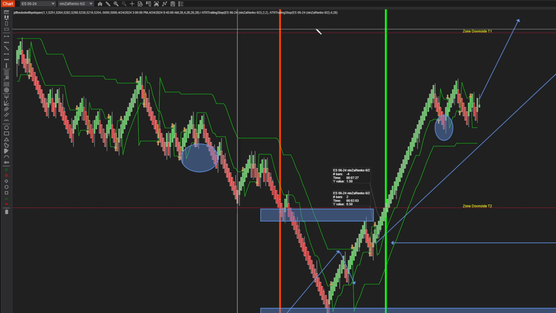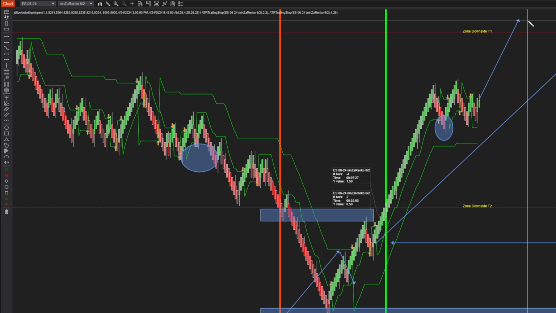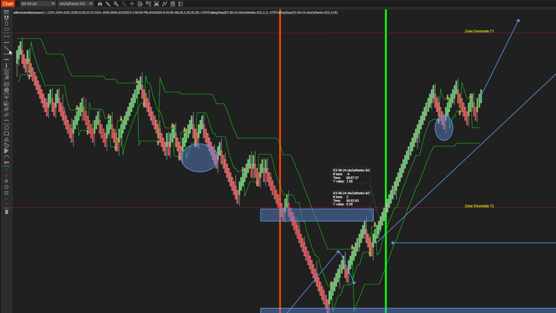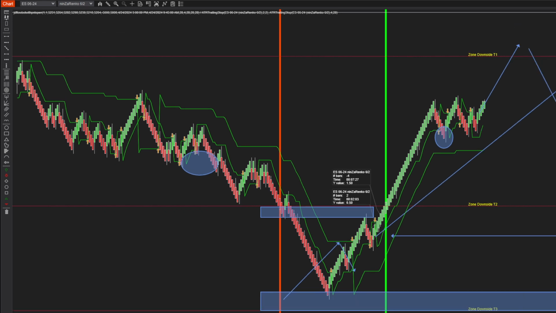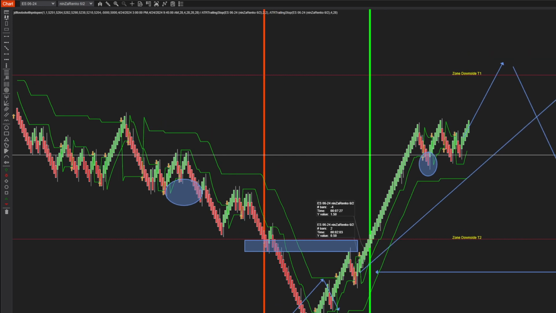So what happens if it rejects? I don't know where it's gonna reject from. So it can switch to head back down depending on how fast the move is, or it can continue to go up and hit the target. Because we don't know what it can do, we have to basically let the bot do the work.